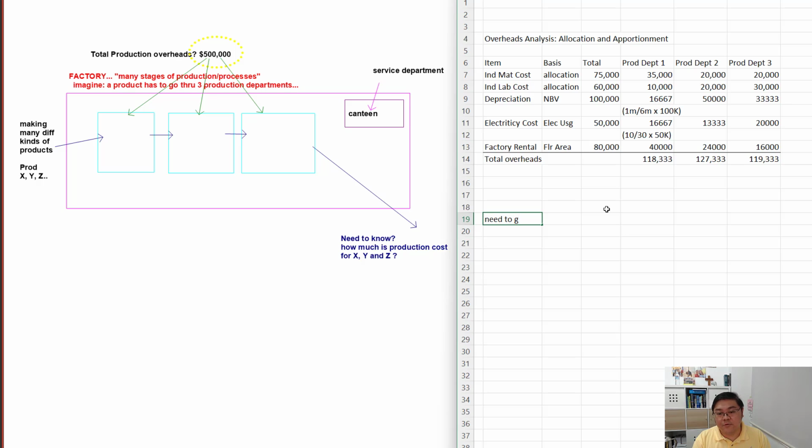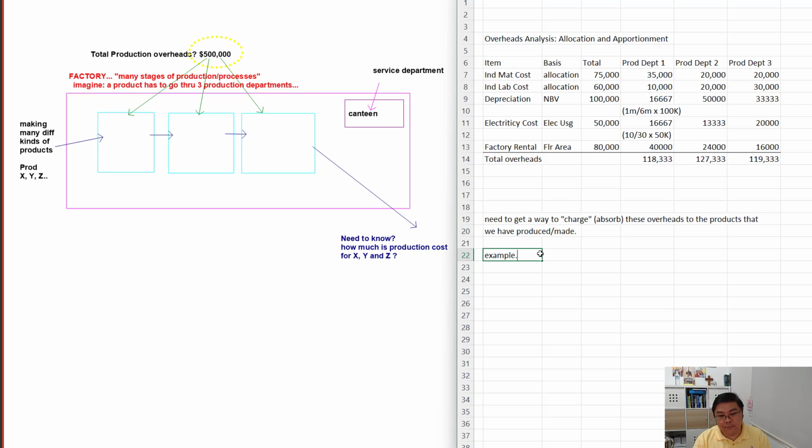Now we have another thing that we need to know. We need a way to charge, or the word we usually use in costing is absorb, these overheads to the products that we have produced or made. There are many ways we can do that.